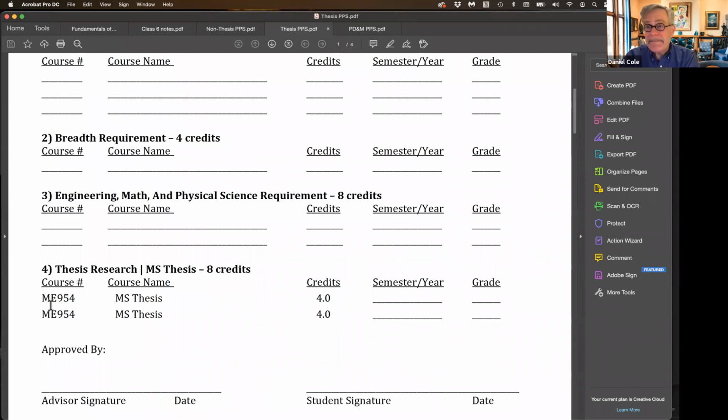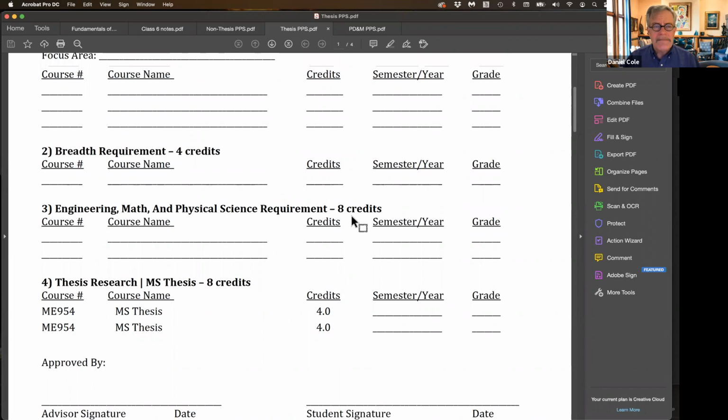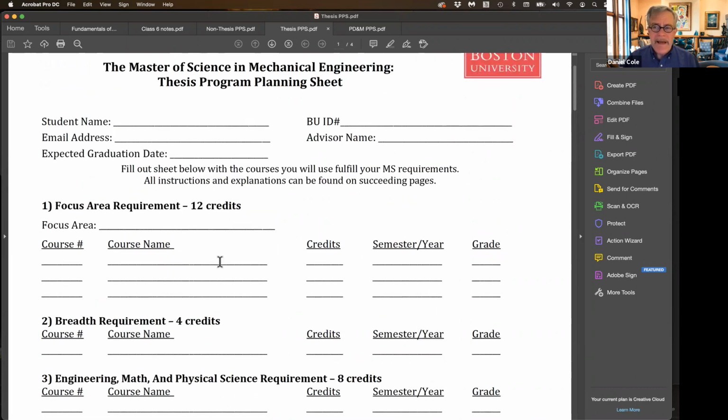So that's my recommendation. Now let me point out another thing. The focus area is not seen on your diploma. I mean, it is on your transcript, it's the listing of courses, but on your diploma, it's not said. So supposing you took a focus area in robotics, it's not listed. So when you do your resume, you would write down your key skills, key knowledge areas.